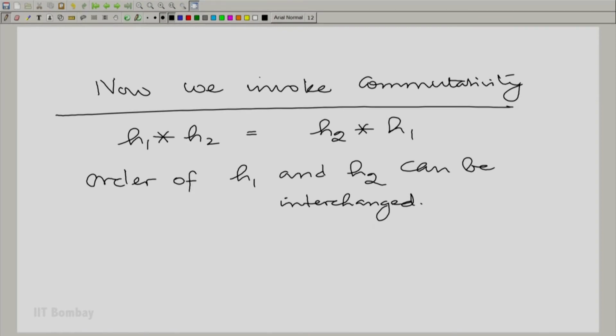So, the order of H1 and H2 can be interchanged, and there is an equivalent system comprising of the two systems in cascade. It is the same as one LSI system with an impulse response equal to the convolution of the two impulse responses, and it does not matter in which order you convolve these impulse responses, because convolution is commutative.